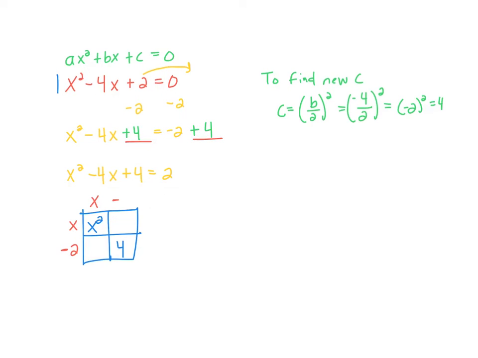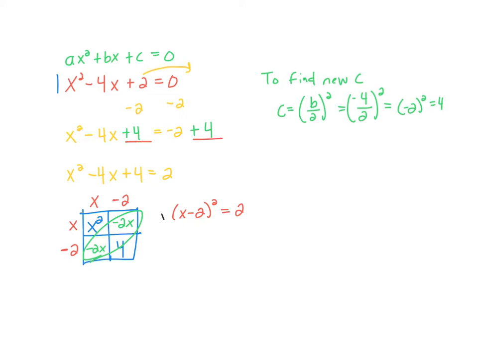I know I want them to be the same, because that's the only way I'm going to get my perfect square. So we have x minus 2 squared. Let me fill in these other ones here. Negative 2x, negative 2x. And that gives me my negative 4x. So again, my factors are x minus 2 and x minus 2, which is x minus 2 squared equals 2.